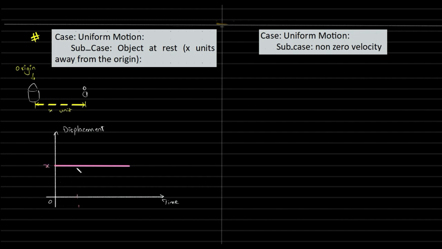At 1 second, you are again at the same place. At any point of time till t seconds, you are at the same place. So displacement would be fixed. So this would be a linear graph. Linear means a line which is straight. And this would be non-zero because you're not at the origin, and this would be parallel to the x-axis.